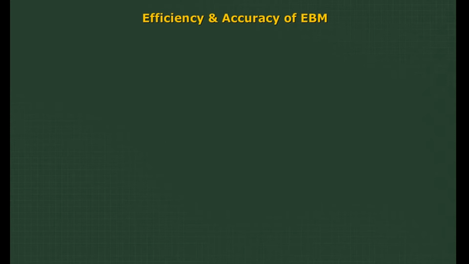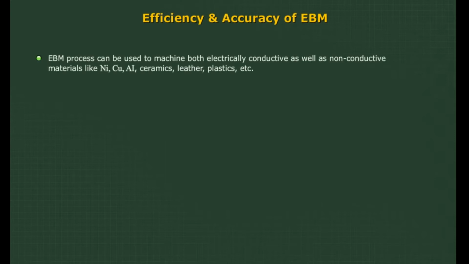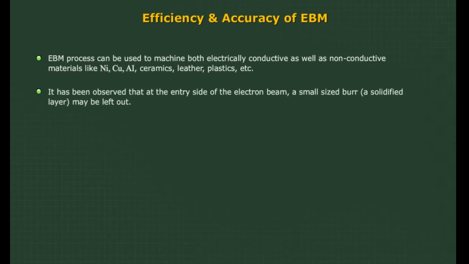Efficiency and accuracy of EBM. EBM process can be used to machine both electrically conductive as well as non-conductive materials like nickel, copper, aluminum, ceramics, leather, plastics, etc. It has been observed that at the entry side of the electron beam, a small-sized burr, a solidified layer, may be left out.